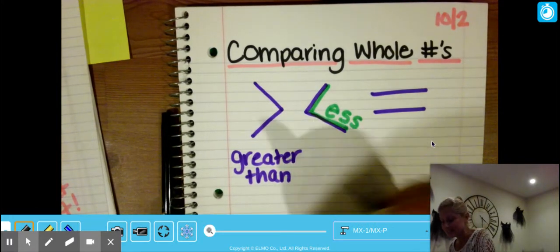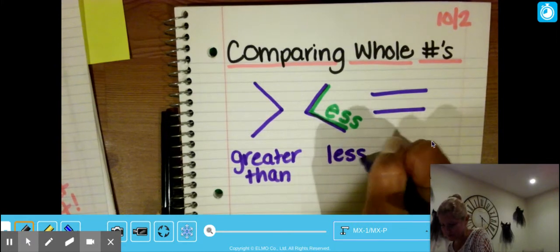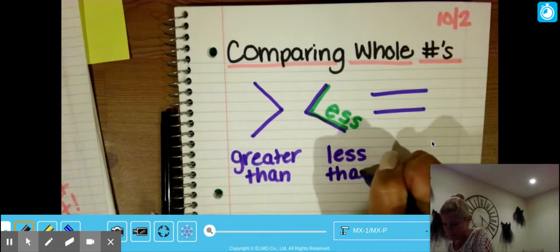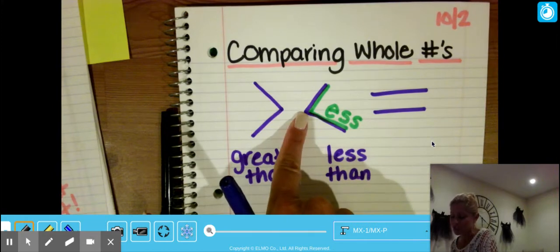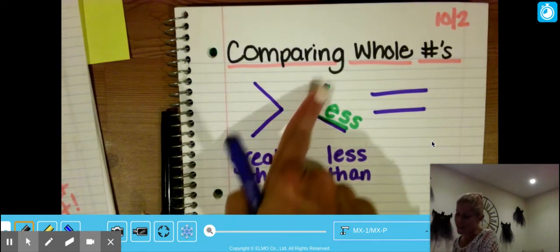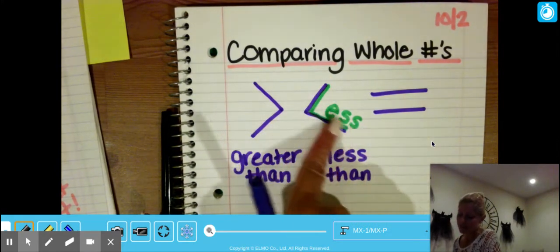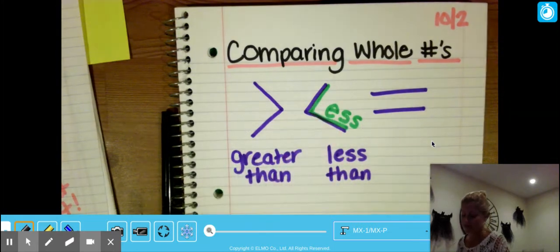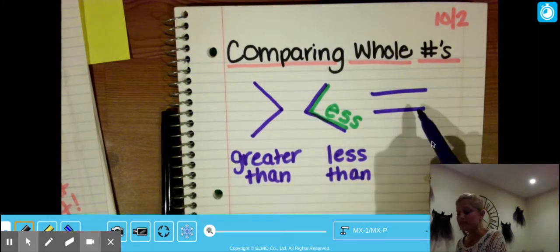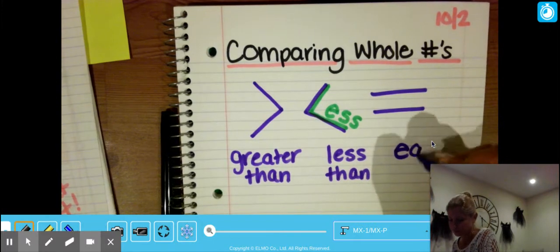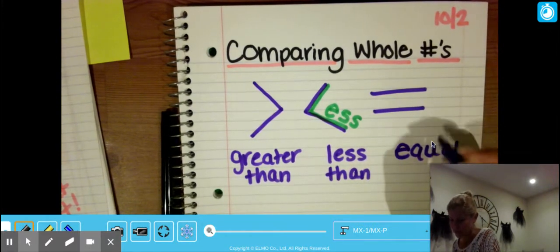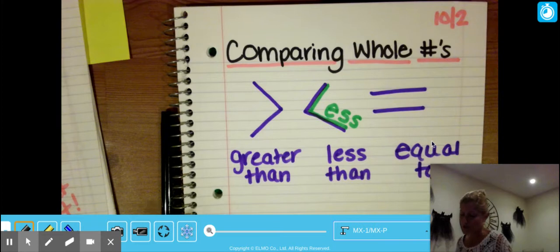We have less than. It points to the lesser number. And I like to remember it because it has that letter L, and that's how I distinguish it. And then we have the equal to sign. And that's reserved when we're comparing two numbers that are exactly the same and they're equal.